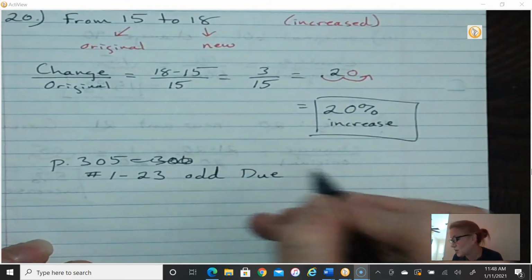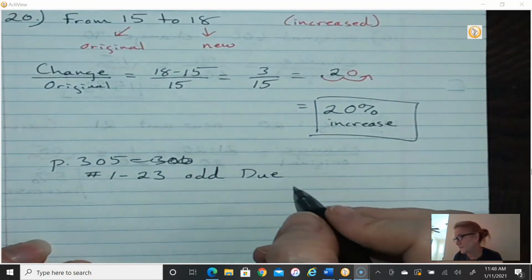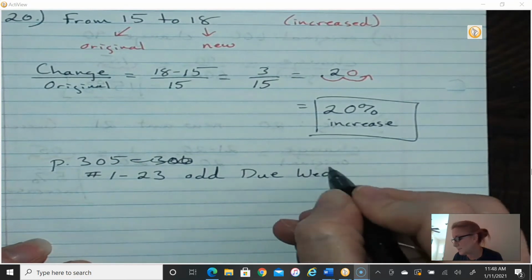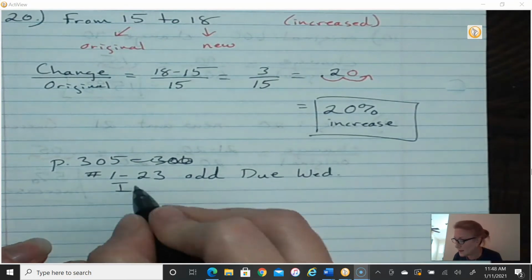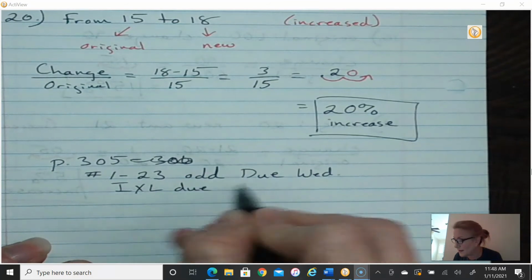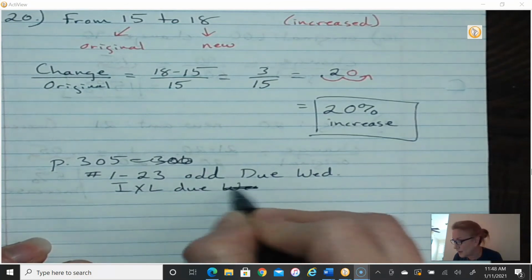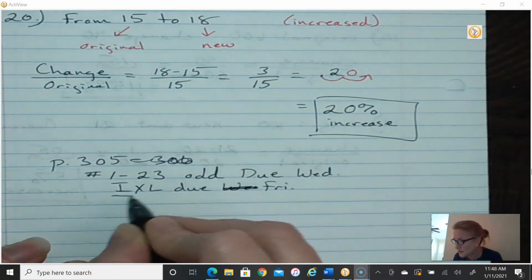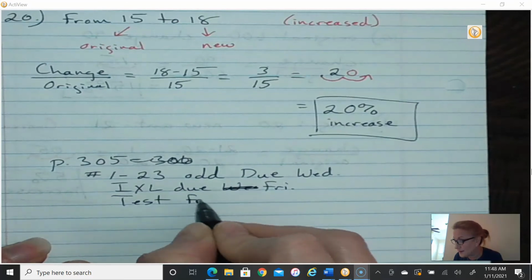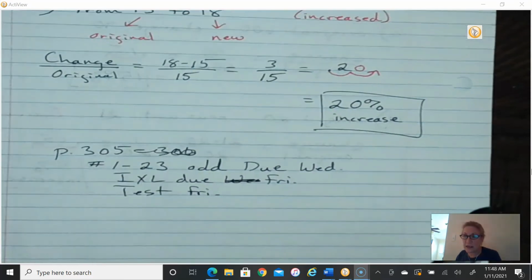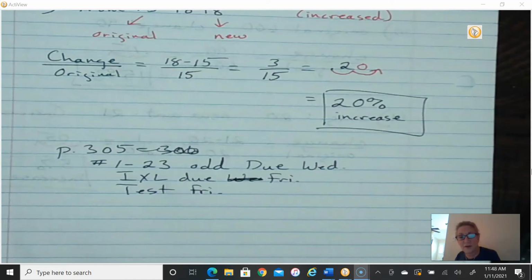These are due Wednesday. Your IXL is due Friday. And your test is Friday. This is the last section of this chapter. Yeehaw! So then we're going to be starting a review tomorrow.